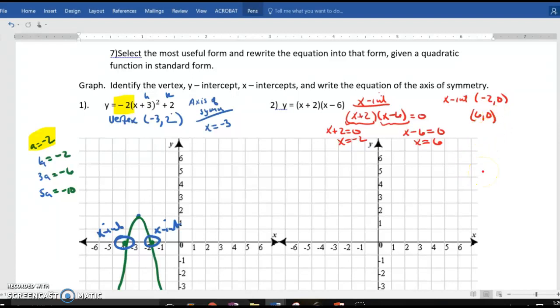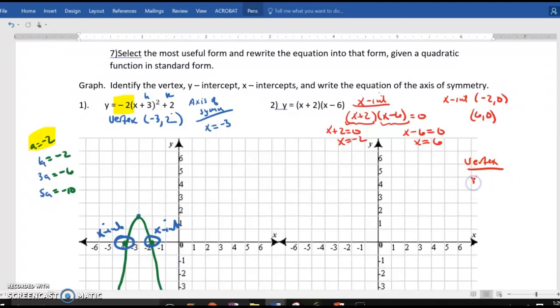Now, I told everybody that the easiest way to find the vertex is to use the average of the x's. A lot of kids want to FOIL this out and then complete the square, which is 100% fine. I don't care how you find it at this point, as long as you know how to get it.